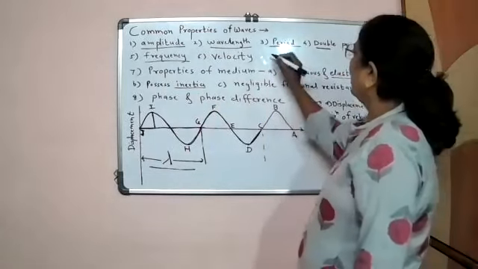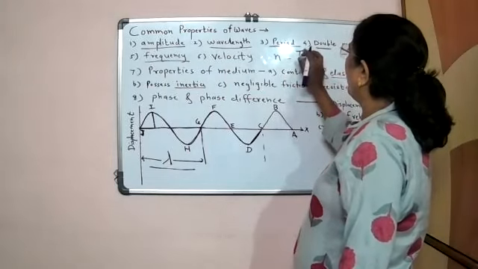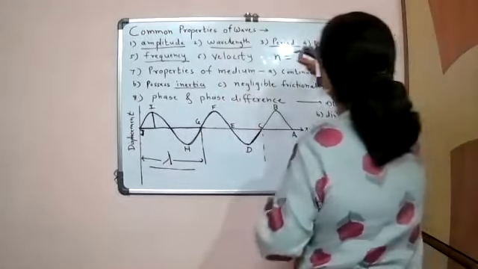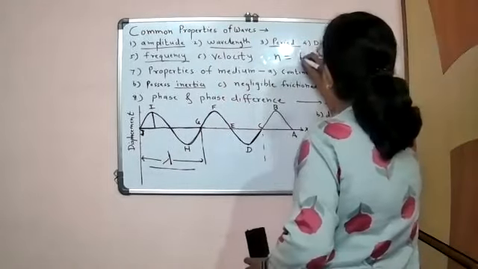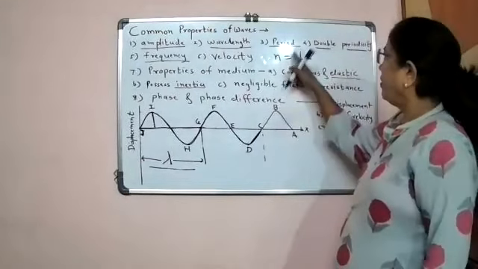And we can write the formula for frequency: n equal to 1 upon T.